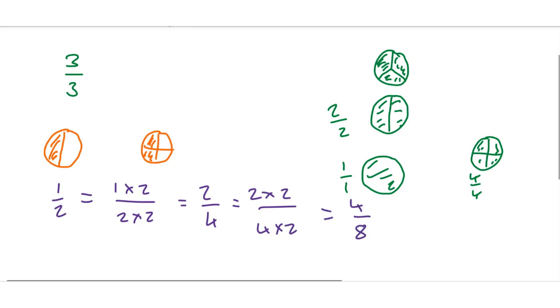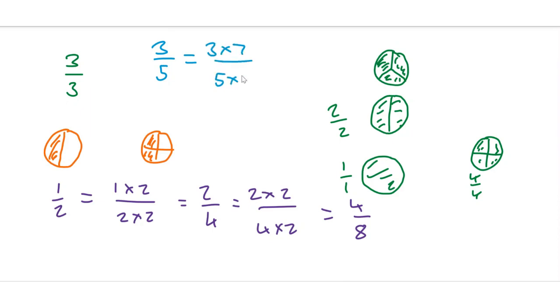It's not just 2. We had 3/5. That's equal to 3 times 7 over 5 times 7. Okay, that's equal to 21 over 35. Okay, so you can do equivalent fractions. You can also do it the other way.